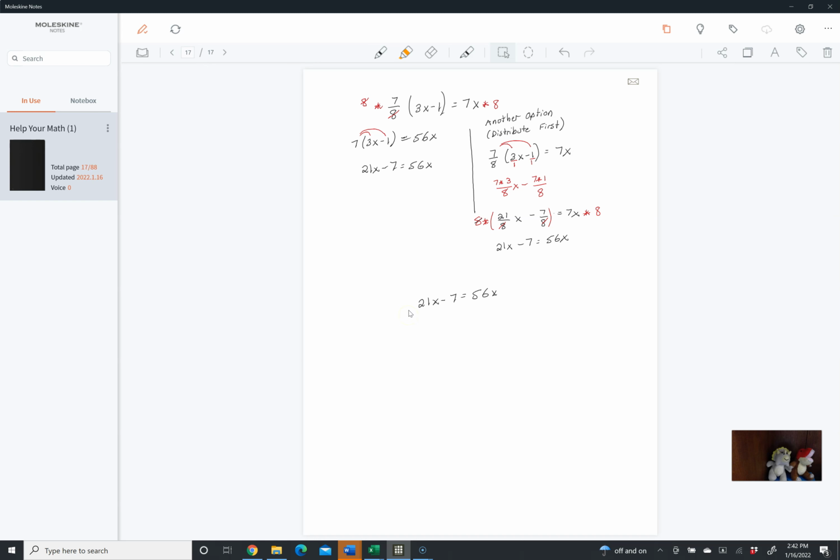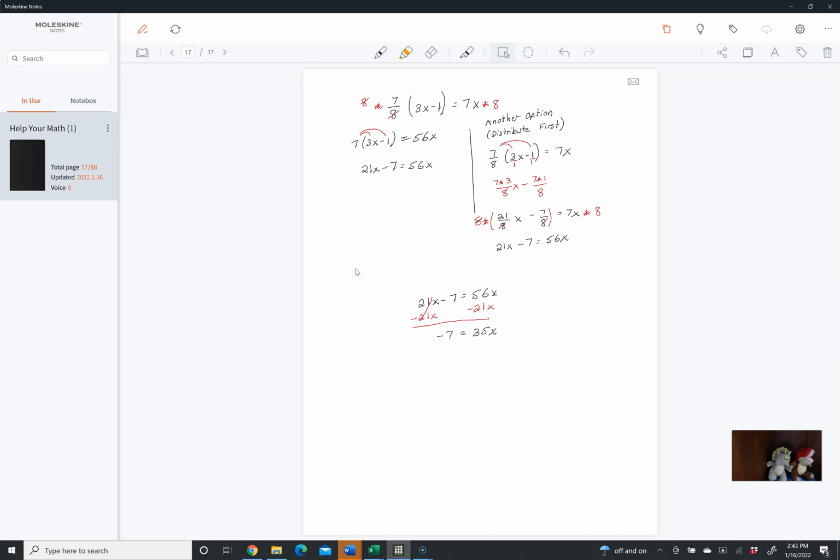So, using inverse operations, this 21x is positive. To get rid of it, we can subtract it from both sides. Positive 21x minus 21x is just 0, so we accomplished what we needed to. That means that on the left, we're left with -7 is equal to 35x.